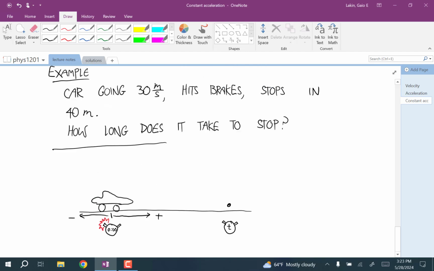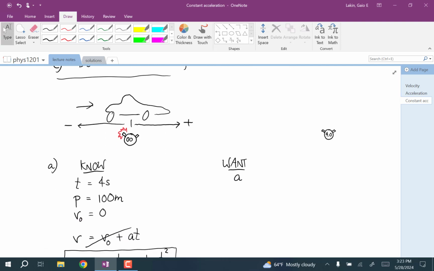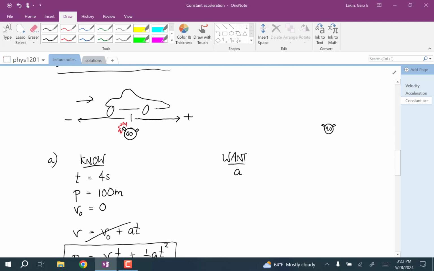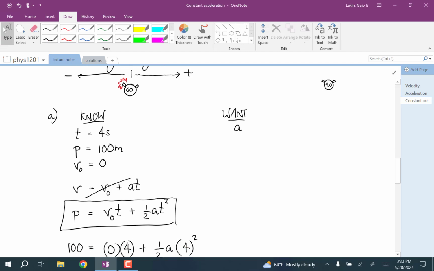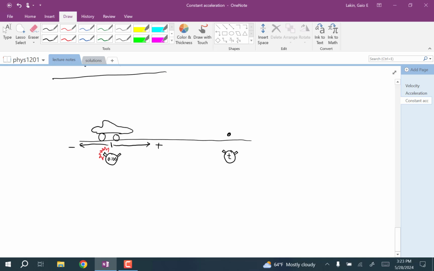Now we're going to think about, just like we did in this example, which of these variables we know and what variable we're trying to find. Okay, so first I'm going to list the variable t. This time we're not given that. That's the thing that we're trying to find.